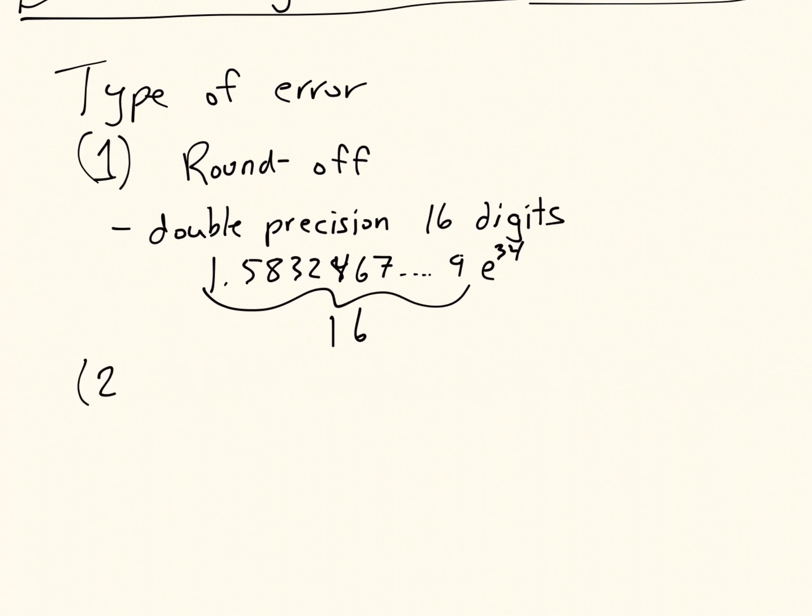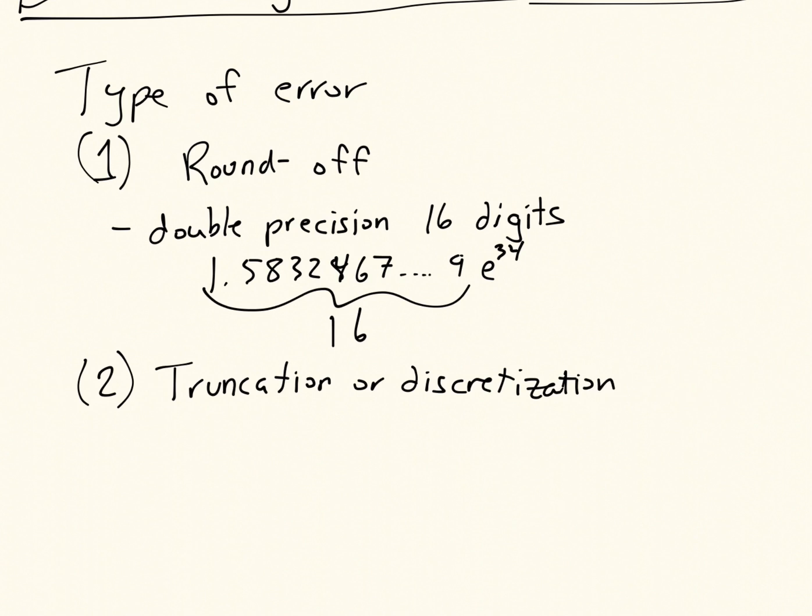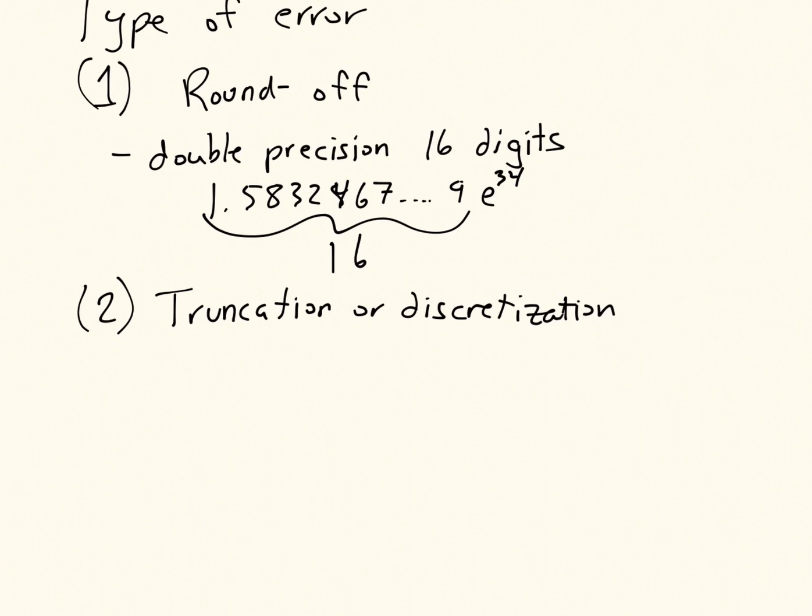The second type of error that does come up often is what's called truncation error. Truncation or discretization error comes from the fact that we are not exactly solving the equation that we want to solve.